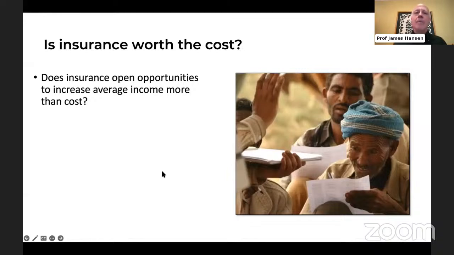If the farmer does not adopt the best production technologies because the farmer perceives a risk, if the farmer is not able to access credit or production inputs because the lender or the input supplier is risk averse, having insurance coverage may overcome risk as a barrier to improve farming practices. So this is one of the most important questions to ask. Will farmers do something differently as a result of having insurance? If the answer is yes, it might be worthwhile.